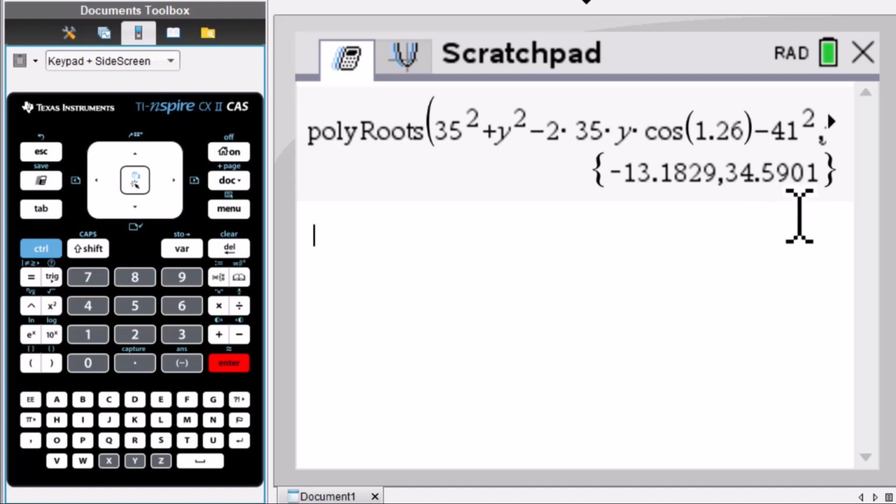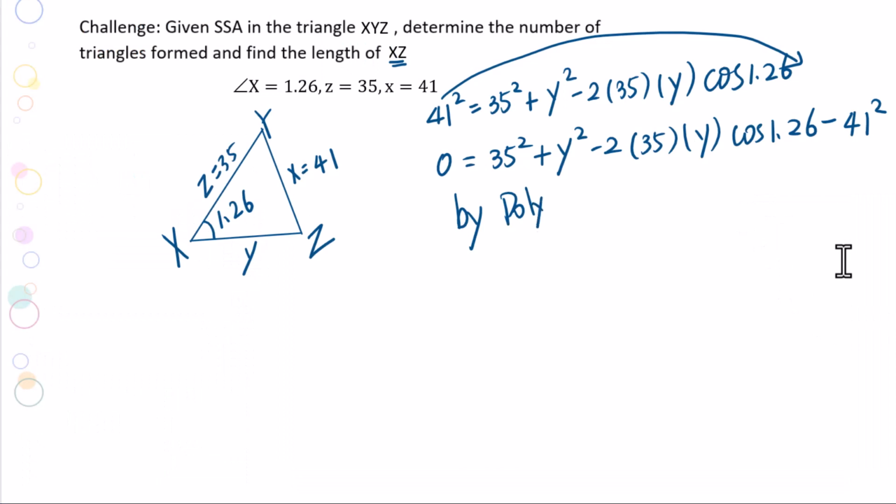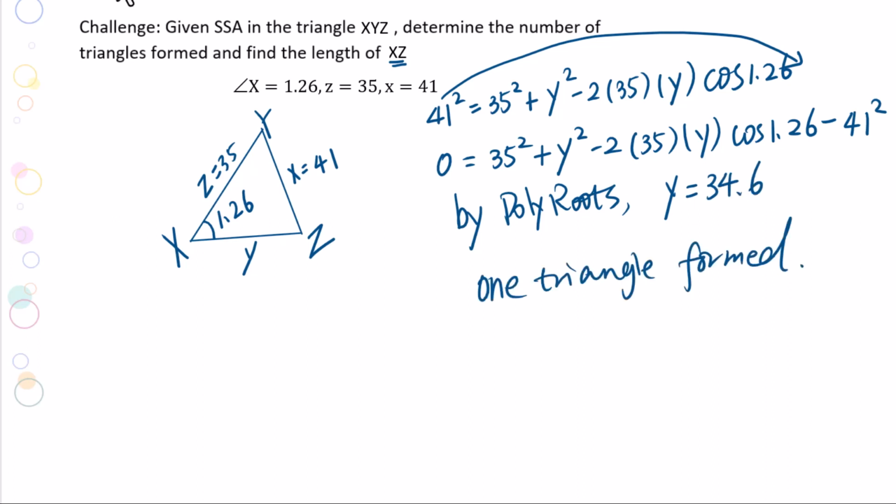Only one triangle formed. Two negative roots. No triangle formed. By polyroots, y equals 34.6. Let's label y equals 34.6.